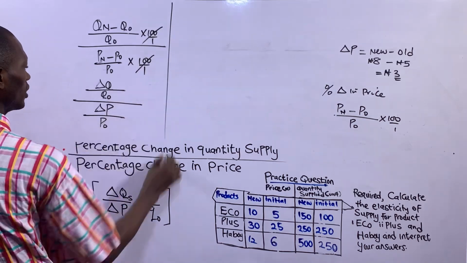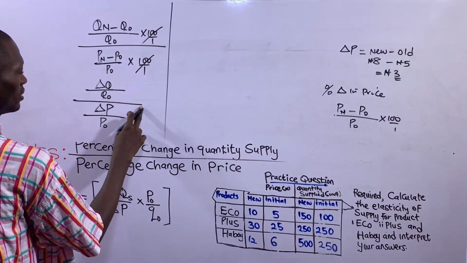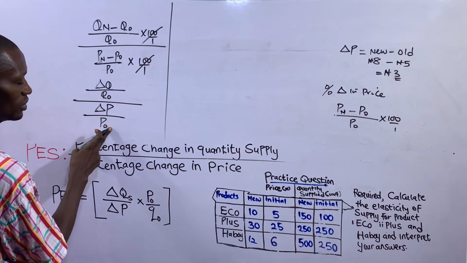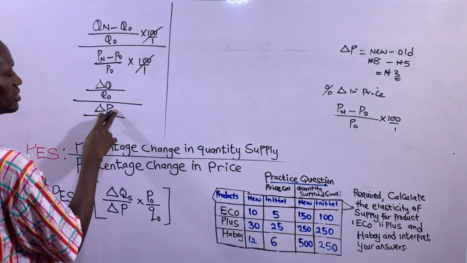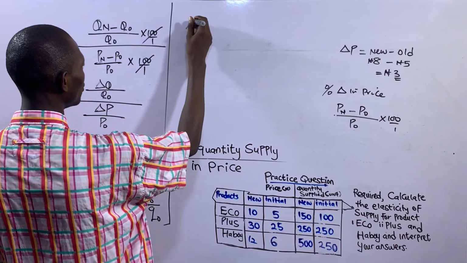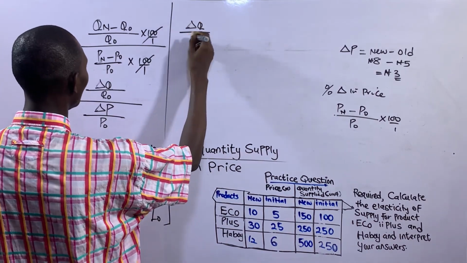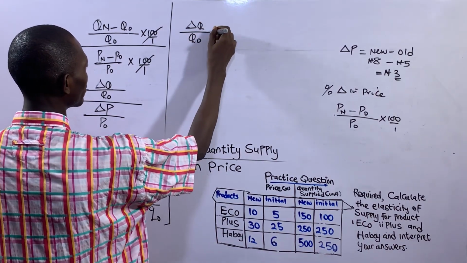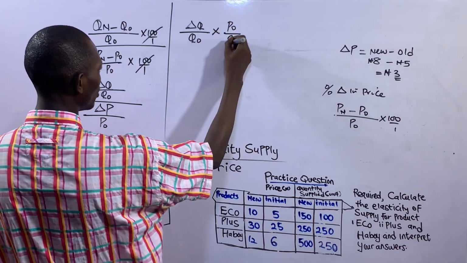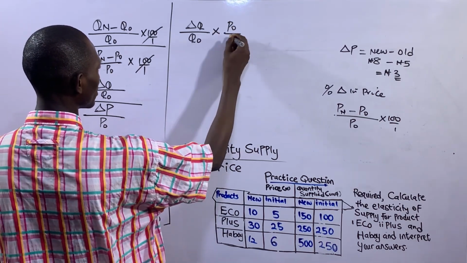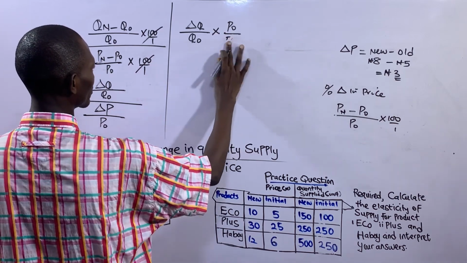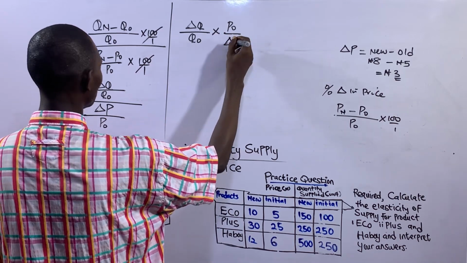Then if this division sign changes to a multiplication sign, this denominator comes up and this numerator comes down. So here now, we have change in quantity divided by old quantity times old price divided by change in price.